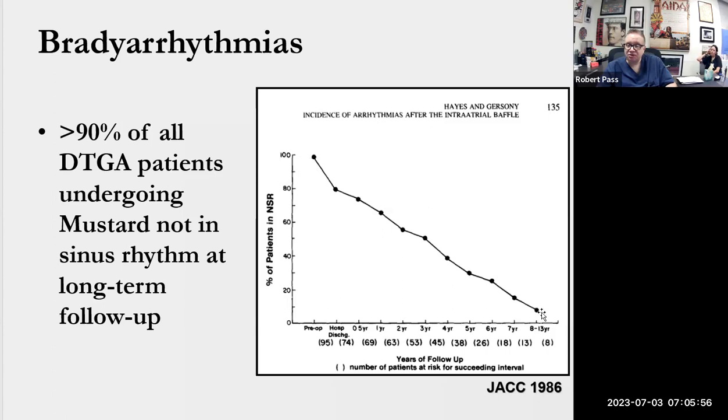And basically what you see is that by about 10 to 15 years out from surgery, essentially nobody was in sinus rhythm in long-term follow-up. And this type of curve could be easily reproduced for patients following the Fontan, perhaps with a longer x-axis, but still very, very common that patients would develop sinus node dysfunction when they're having surgery around that area.